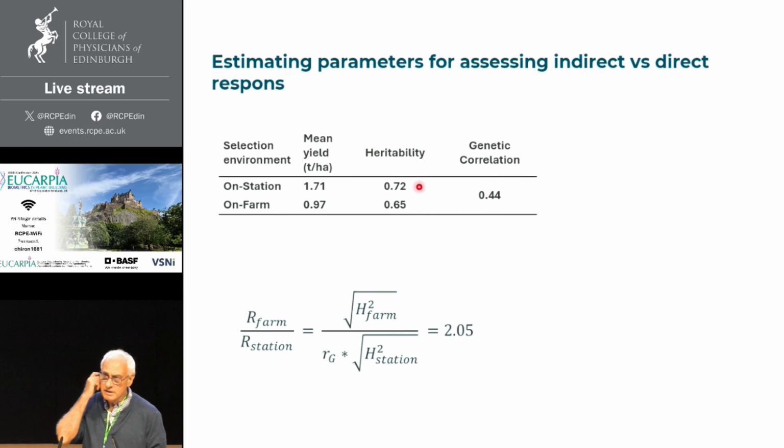Interestingly, heritability accuracy was a little bit lower for the GBVs on the research station, and great appreciation to David Gonzalez for getting this analysis done and presented clearly. We've estimated the genetic correlation between the effects estimated on station versus on farm as about 0.44. So relatively low, but thankfully positive correlation between performance on farm and on the research station.